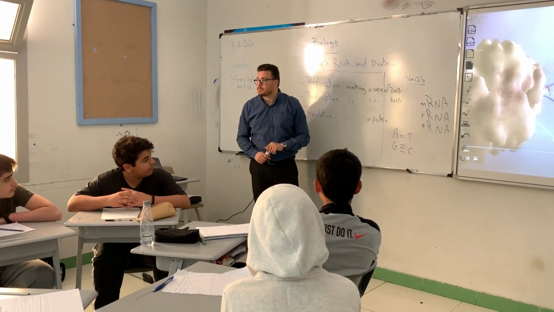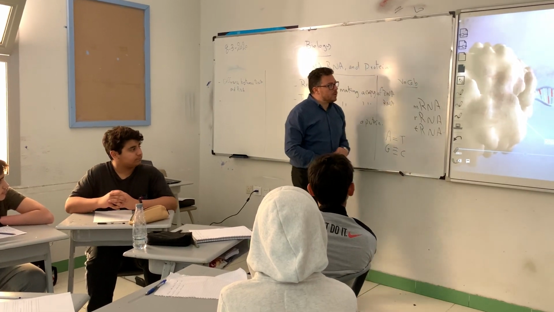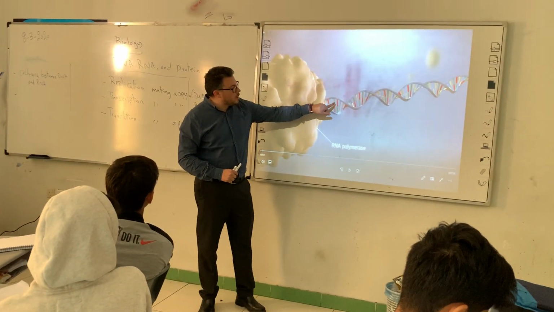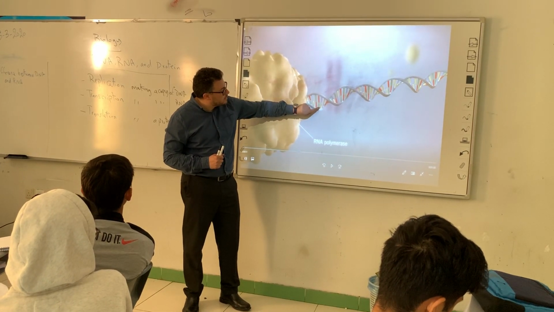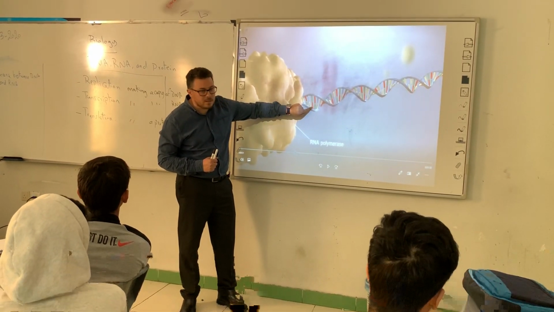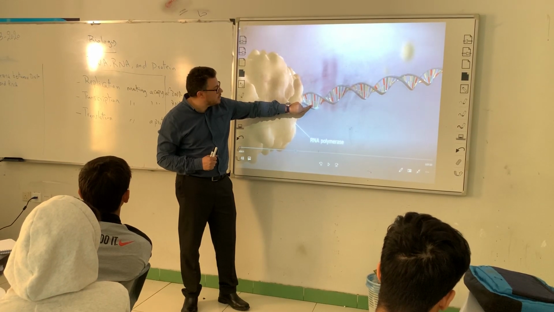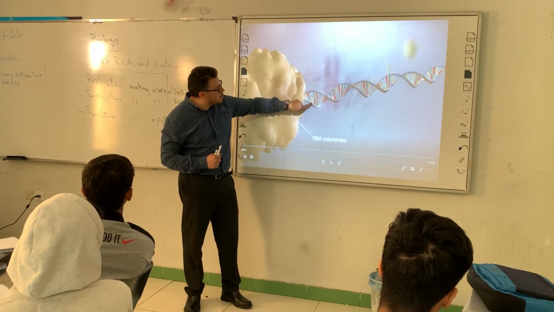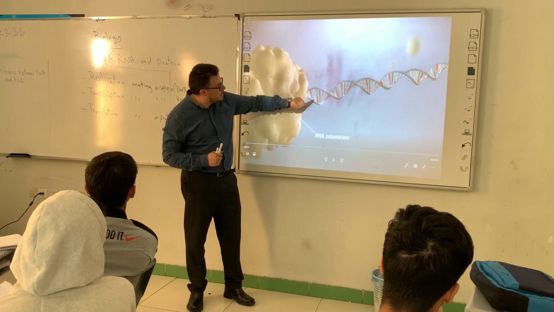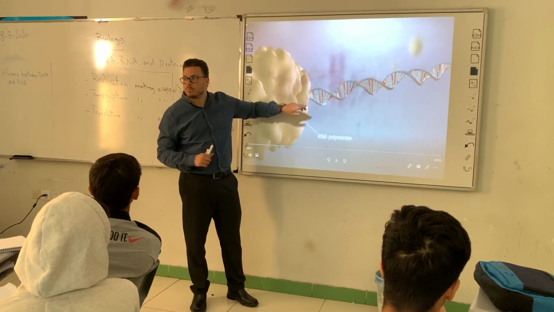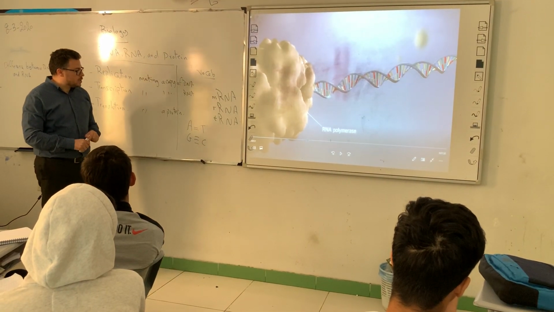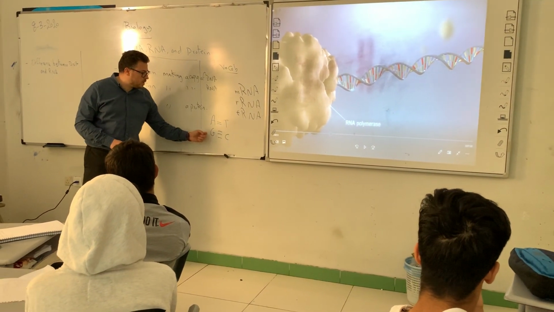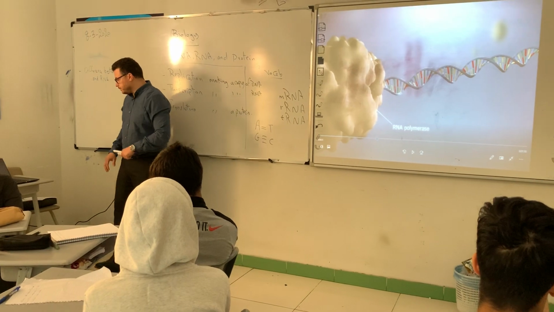Is it clear? Good. So here, look at the colors. The red comes with the green, and the green comes with red. Here, the blue comes with the yellow, and the yellow comes with the blue. Perfect. So adenine comes with thymine, guanine comes with cytosine.